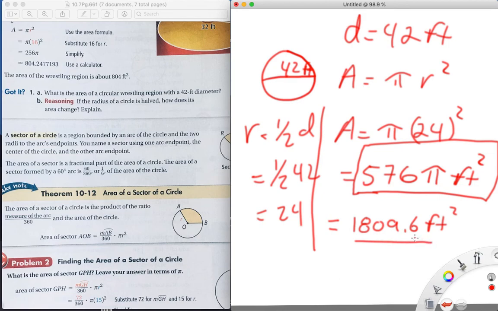A lot of the time they're going to ask you when you do area and circumference to do your work in terms of pi. So unless otherwise asked to do it in terms of pi, always round your answer to the nearest tenth.